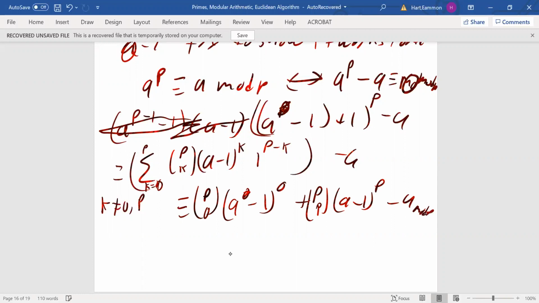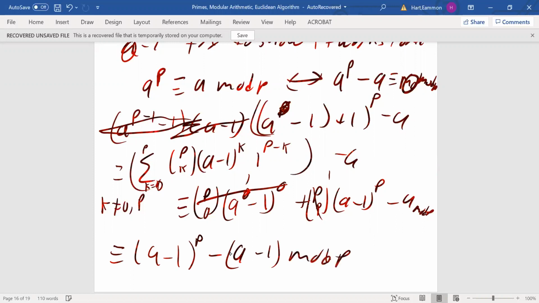So now I can rearrange this to say this is going to now be equal to, so this right here is just 1. So this is a minus 1 to the p minus a minus 1. When I move this inside, it becomes a double negative now, and that's all mod p. But guess what?